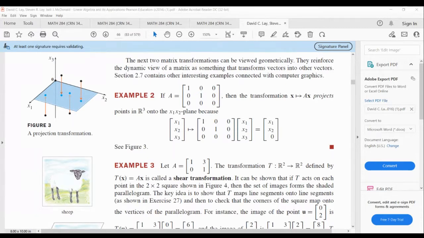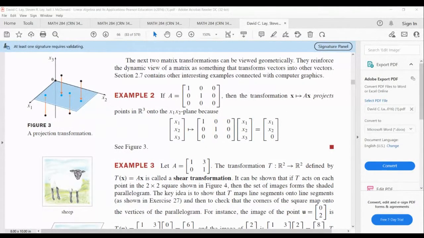So if you look in figure 3, the pictures are great here, really. What you're doing is taking vectors in R3 and mapping them into the x1, x2 plane in R3.